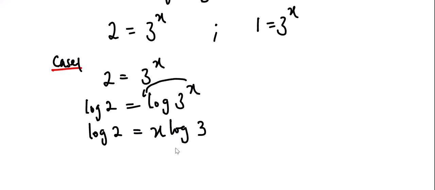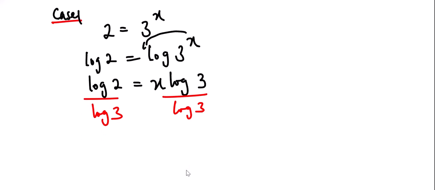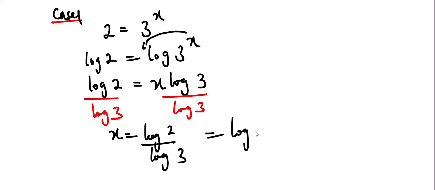Now, both sides can be divided by log 3, and with that, x equals log 2 over log 3. Finally, you can say that x is log 2 base 3. This is case 1. What about case 2?